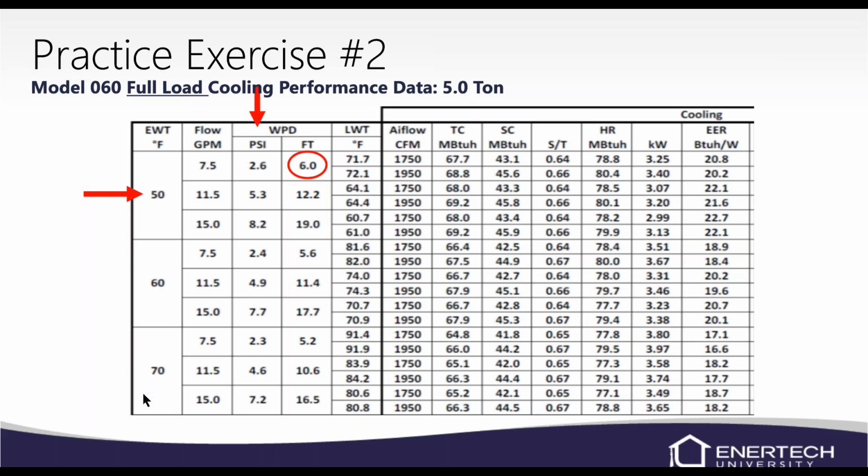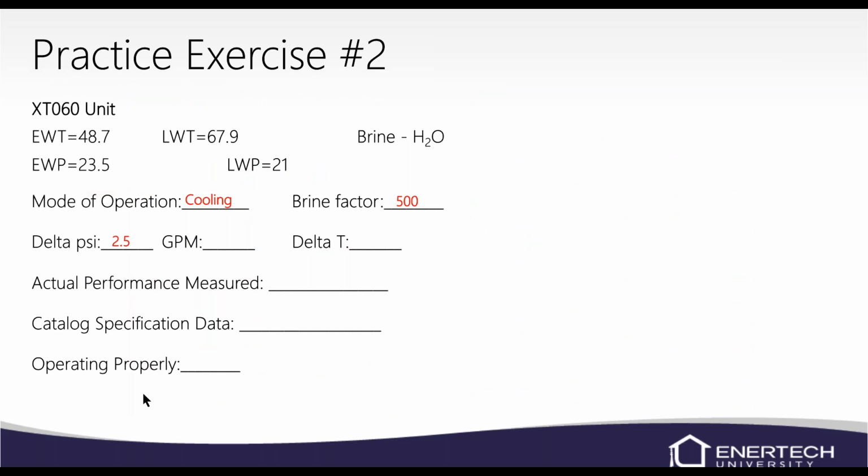But we're at 2.5 PSI pressure drop. So that's going to equal 7.5 GPM. That 7.5 GPM is the recommended flow rate on an open loop system. So that's that 1.5 GPM per ton, which is why we have that wide temperature difference of 19.2.